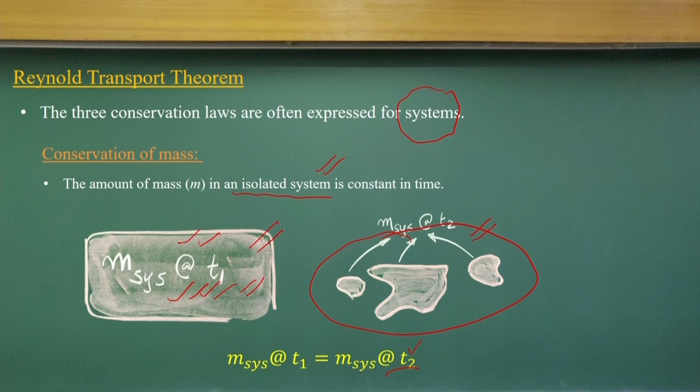So mass conservation is a very simple thing: the mass remains constant at T1 and T2 if you are considering a system. If you consider an isolated system with n number of fluid particles or virtual fluid balls, that number remains the same whether at T1 or T2. That implies the conservation of mass holds good.